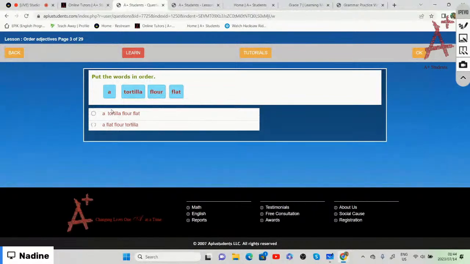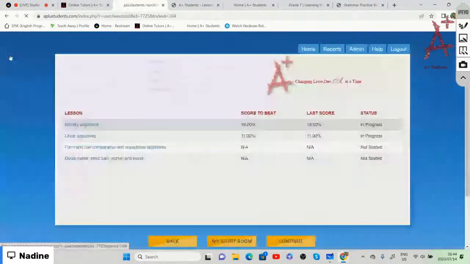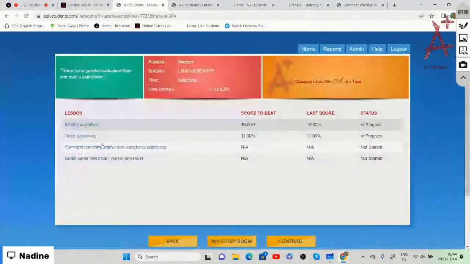All right, so we're going to choose the second one, which describes the tortilla. It is flat and flour, right? It's a flat flour tortilla. Well done. So if you were able to do that, then well done.